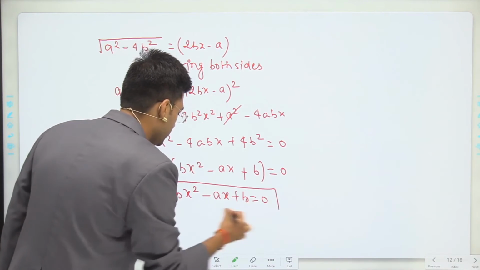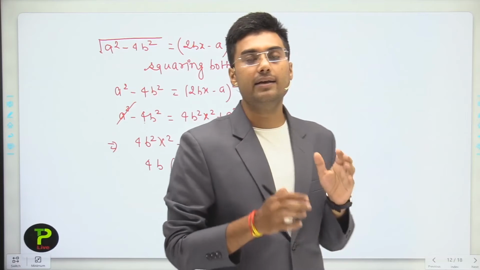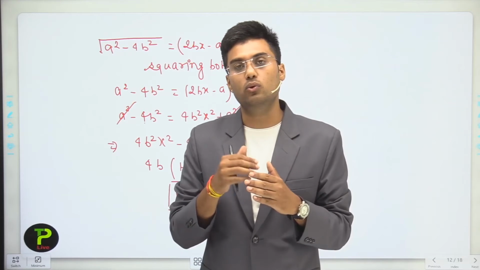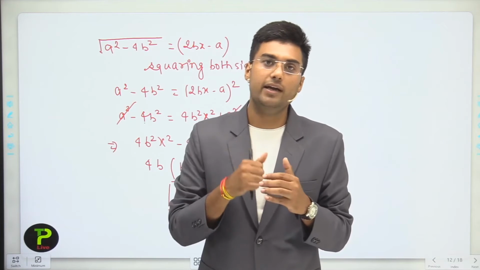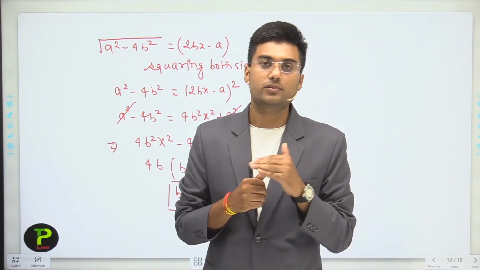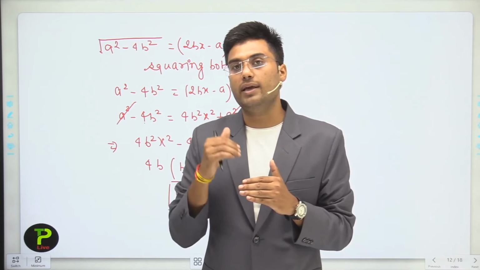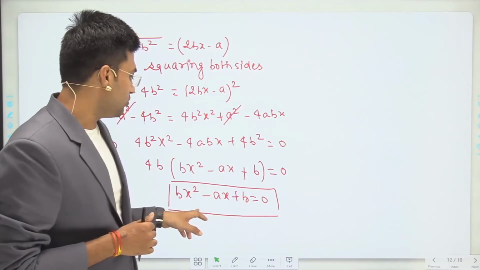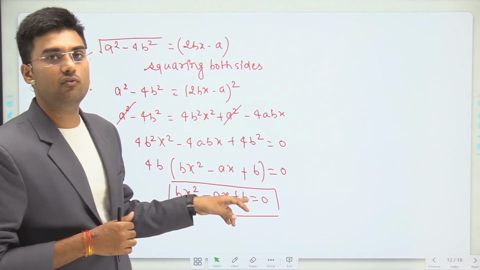So in the question it is given that if x is equal to root a plus 2b plus root a minus 2b divided by root a plus 2b minus root a minus 2b, then prove that bx square minus ax plus b equal to 0.